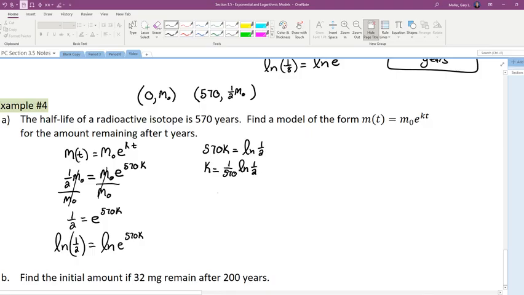Or k is approximately equal to the natural log of 0.5 divided by 570. Negative 0.0012. I'm going to go out to 4 decimal places on this one.